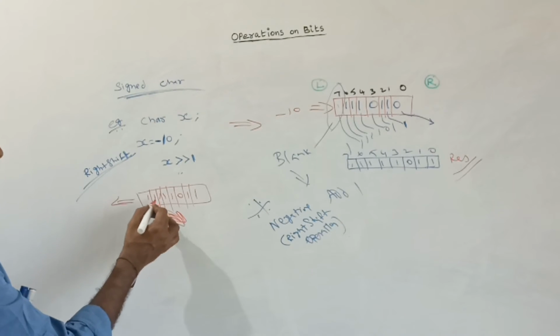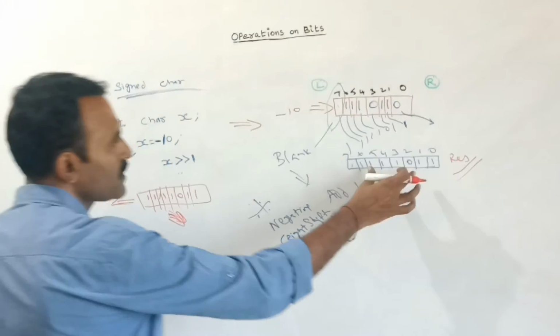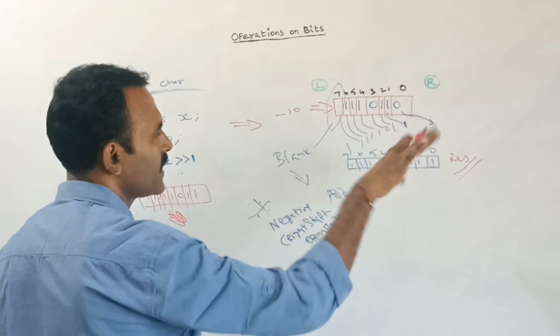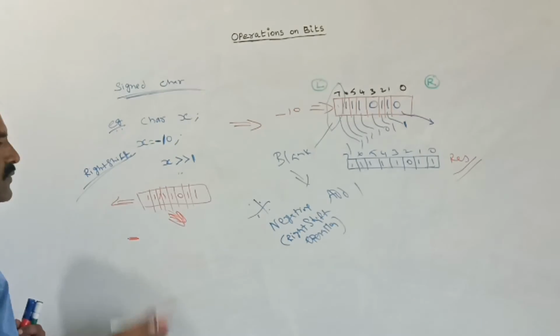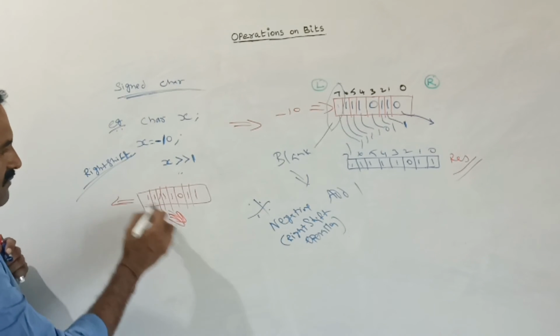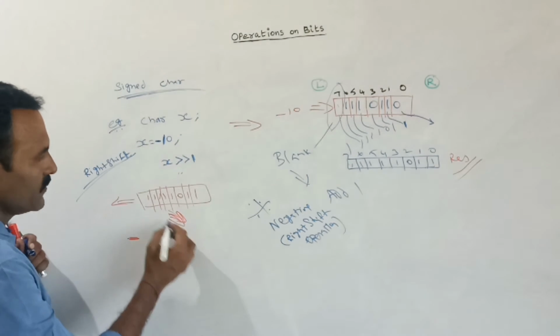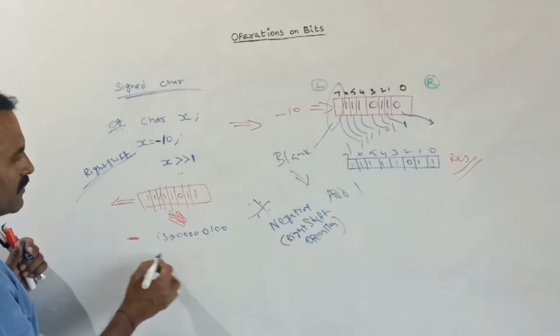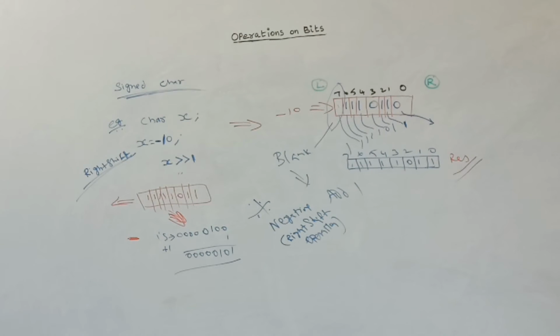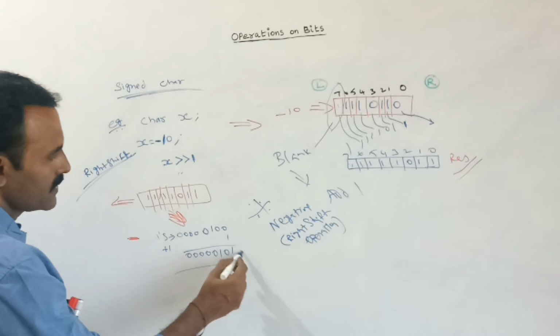If you are converting this using 2's complement, first you take the 1's complement value and add 1 to that 1's complement value. Here, before you put the minus symbol, you take the 1's complement value. Next add 1. If I am adding 1, what is the decimal value?